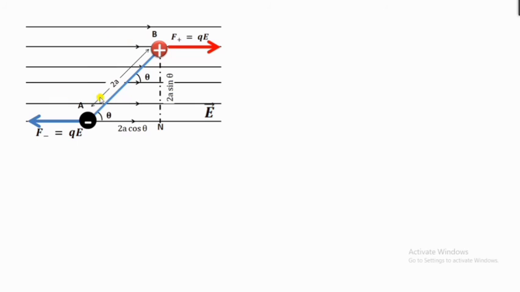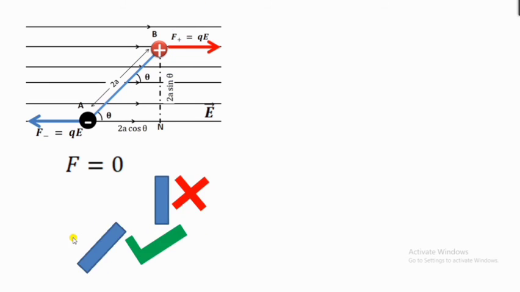Now we will summarize the video. When we keep a dipole in a uniform electric field, there will be equal and opposite forces on the charges. That's why the net force is 0. So the dipole will not have any translational motion. But these two forces are not acting along the same line, so they will form a couple and rotate the dipole.